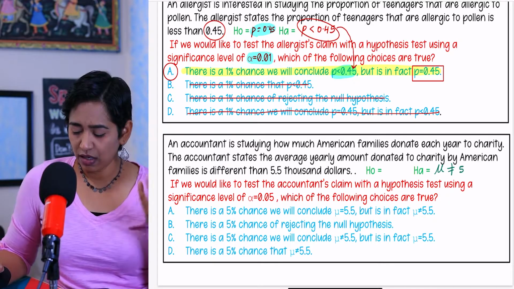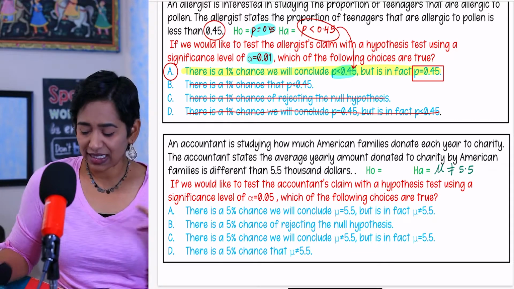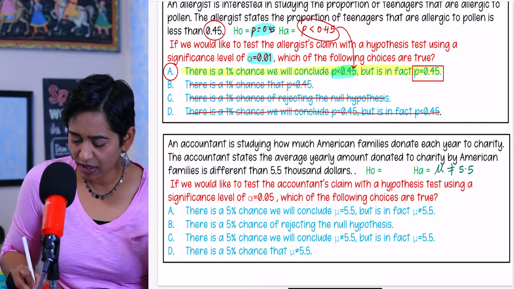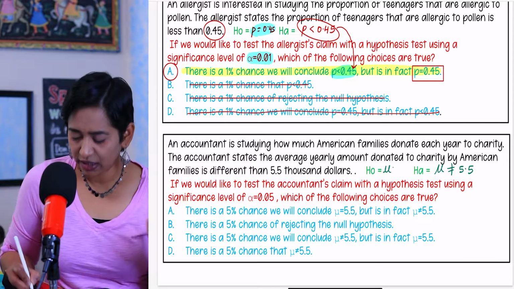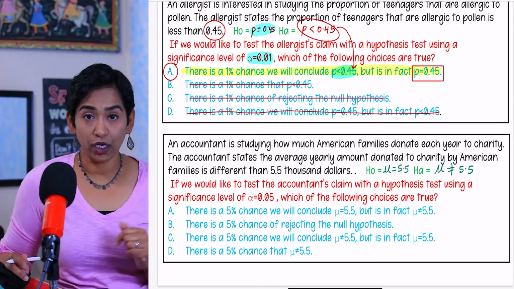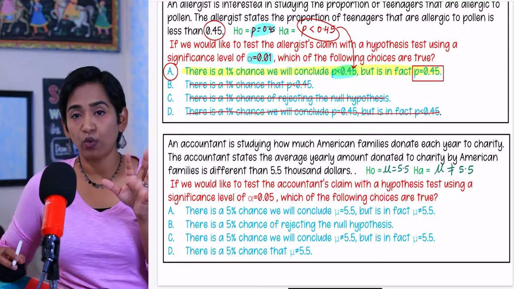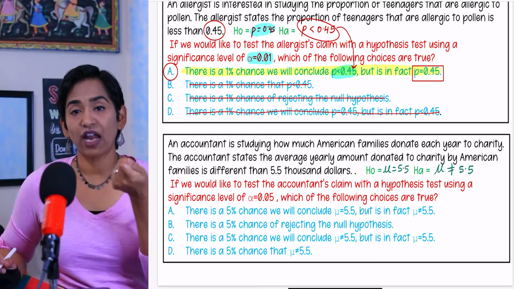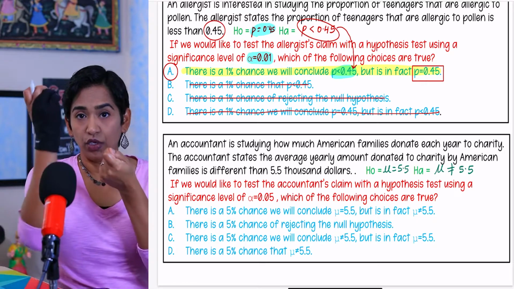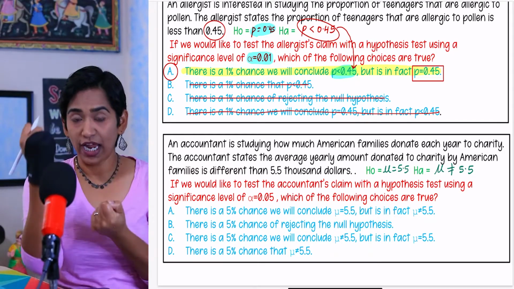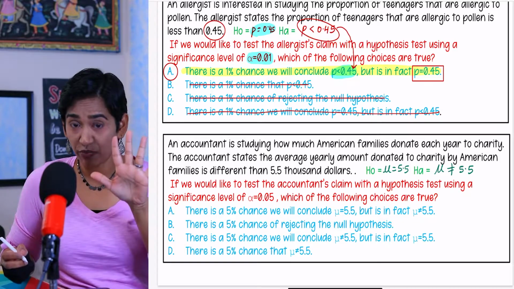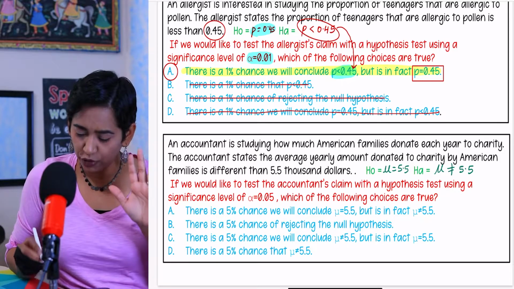And again, my H naught is as simple as that. Everything stays the same, but instead the sign automatically changes to equal to. Okay? Remember what significance level is? There's alpha percent chance. You conclude HA when H naught is true. So there's 5% chance we conclude HA.